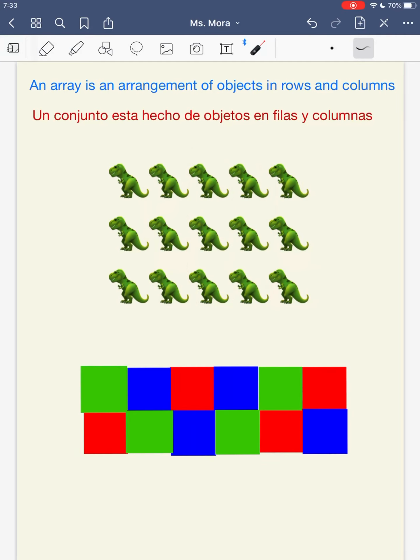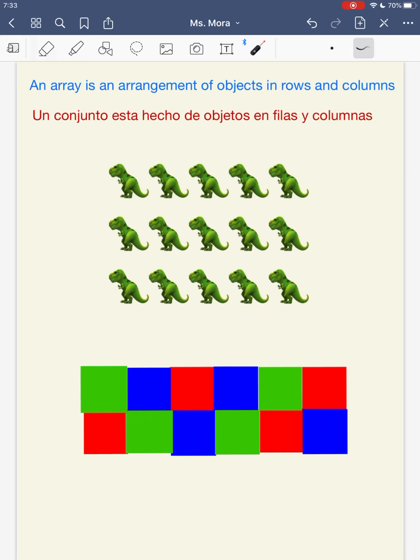But the arrays that we've been focusing on this week look like this one, and they're rectangular, and they're made up of smaller squares, and they do not have spaces in between the rows and columns. So here's one row, and here's the second row, and then these are the columns.